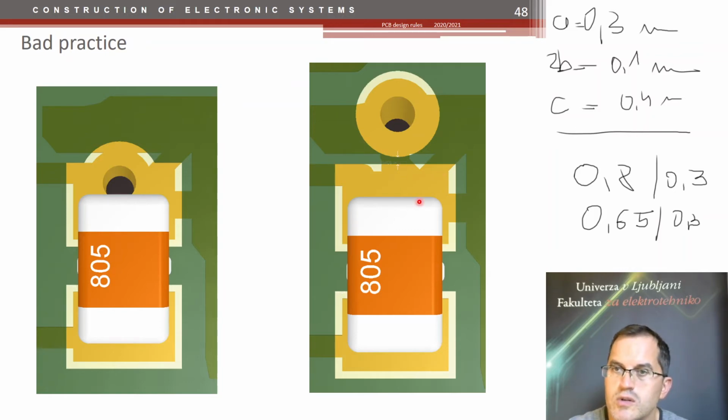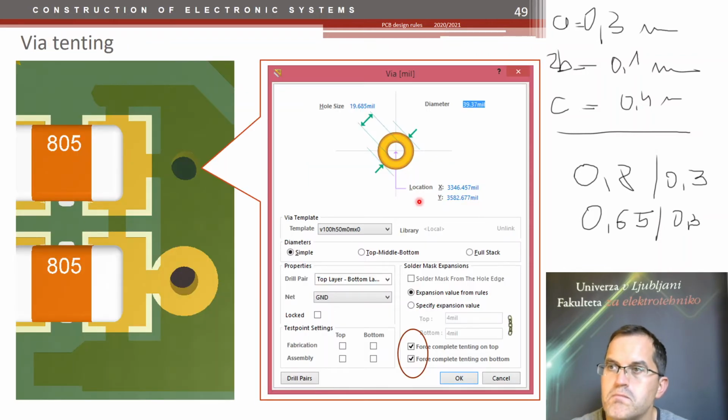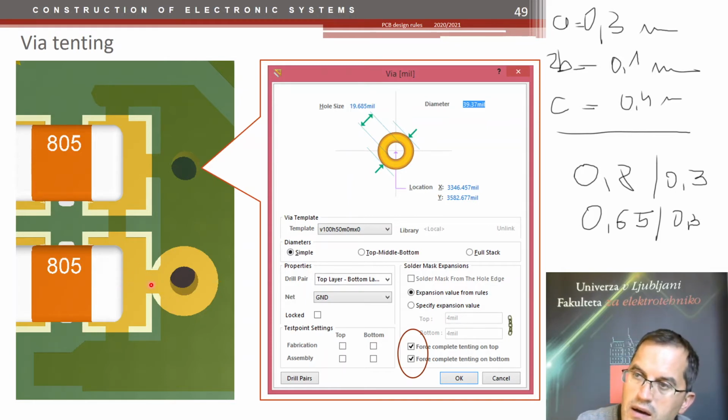So you should maybe use thermal reliefs, and if you put a wire very close, you should cover it with solder mask, because here, even though the wire is separated from the pad, the solder paste would be sucked into it during the soldering process.